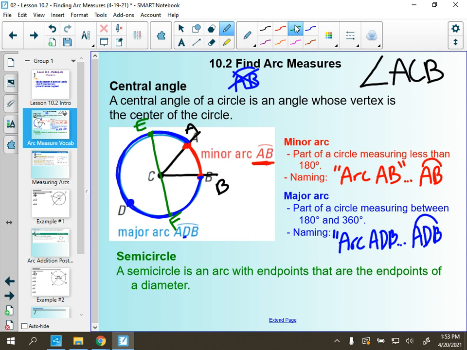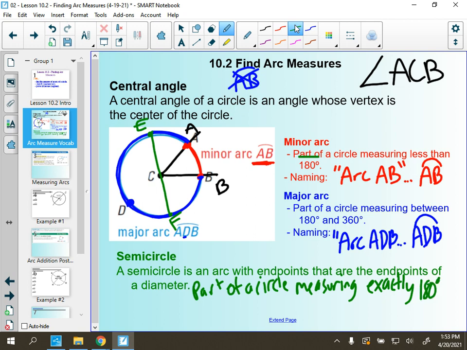Hopefully we know from previous courses that a circle's measure is 360 degrees. If I cut it in half, we're at exactly 180 degrees. A semicircle is an arc with endpoints that are the endpoints of a diameter, or you could word it the same as these ones: part of a circle measuring exactly 180 degrees.